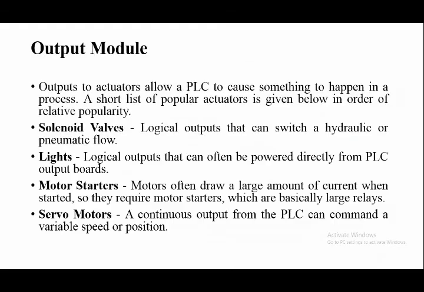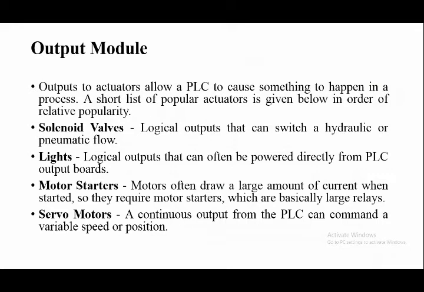Output modules. The outputs to actuators allow a PLC to cause something to happen in a process. A short list of popular actuators is given below in order of relative popularity. Solenoid valves: logical output that can switch a hydraulic or pneumatic flow.